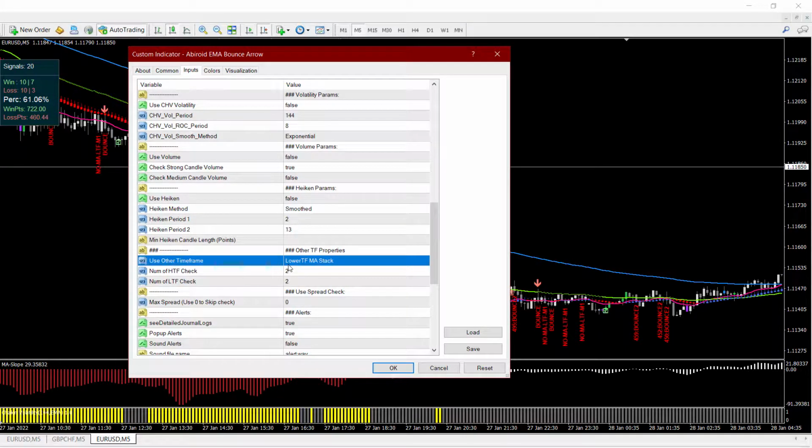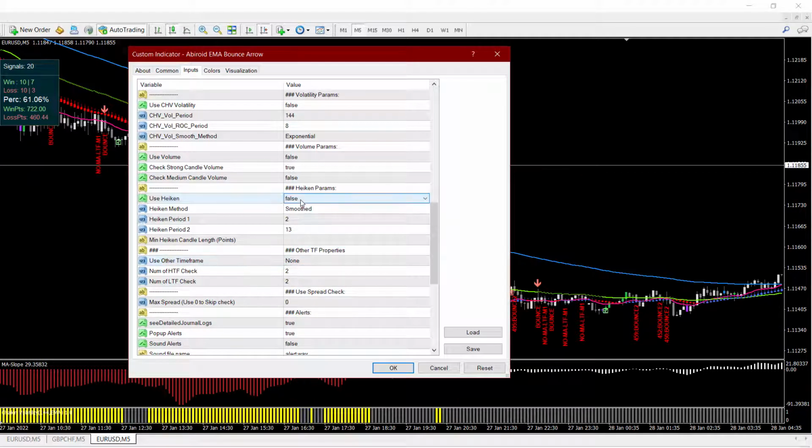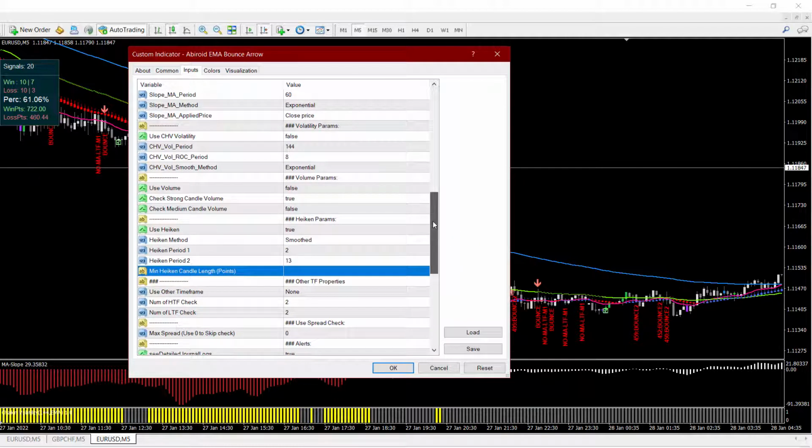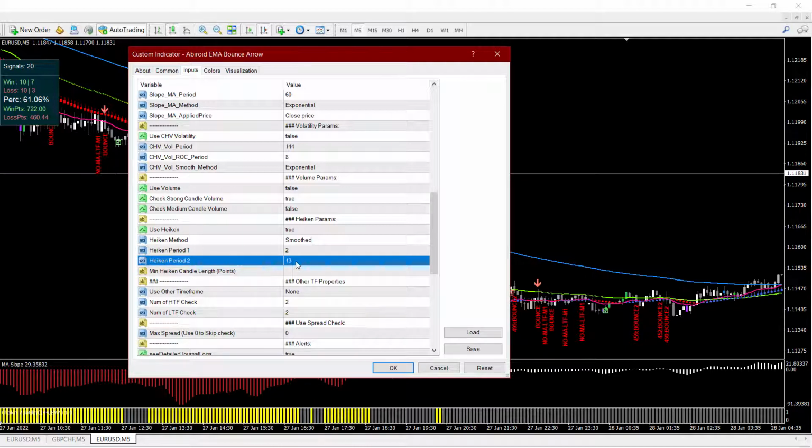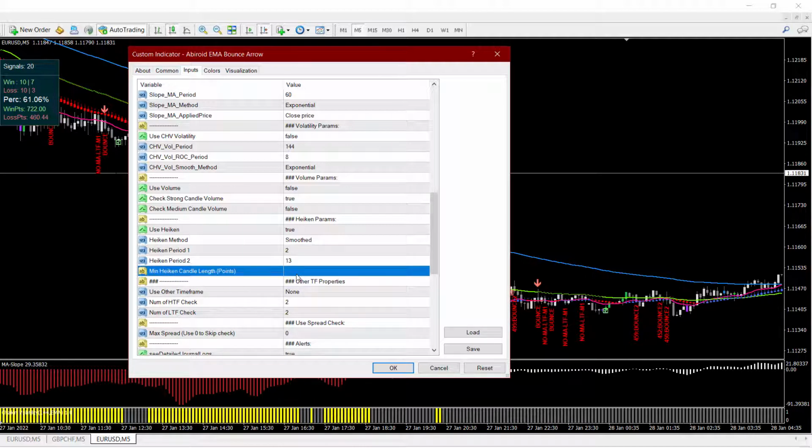Like I can always set this to none because I'm scalping on M5. I can keep the Heiken to true and leave the Heiken candle length to nothing, because on smaller time frames we have a much more smooth Heiken. So the candle length will be very small.